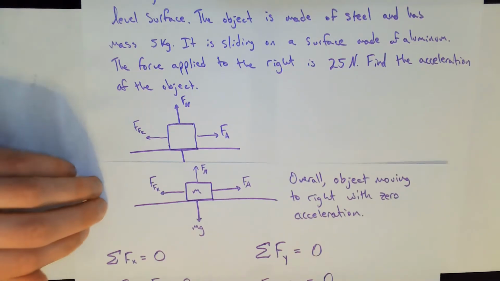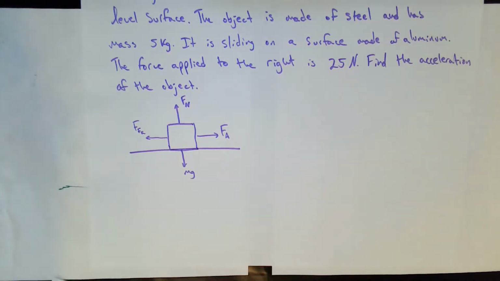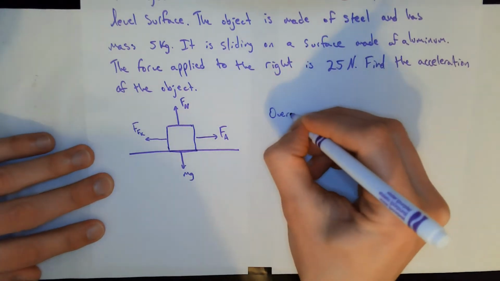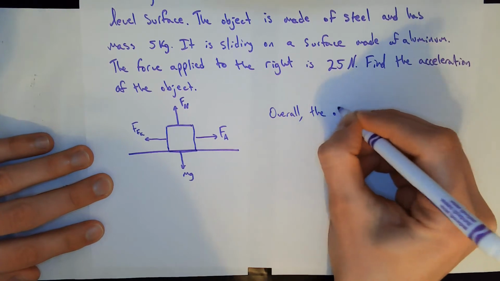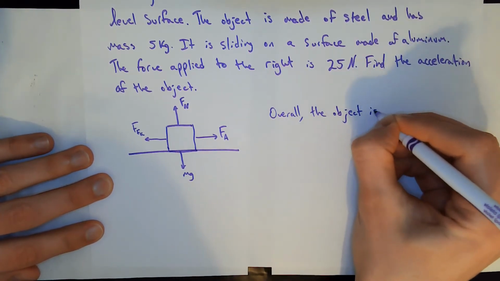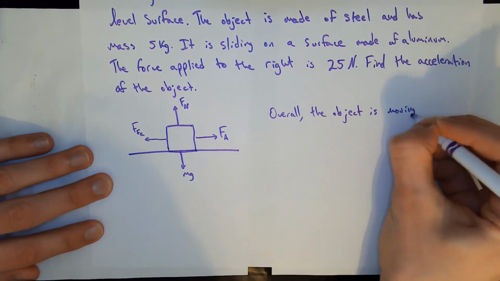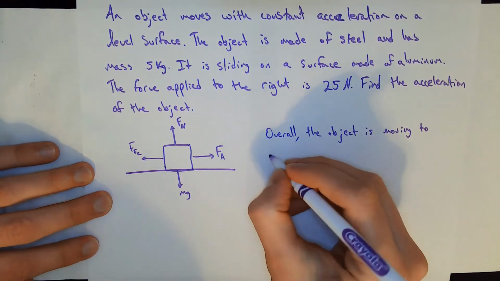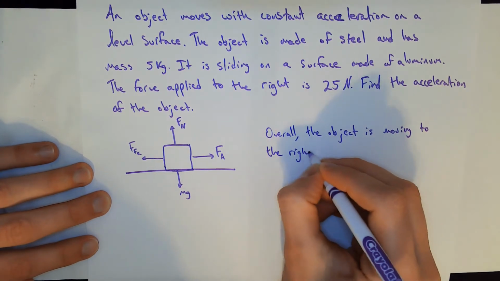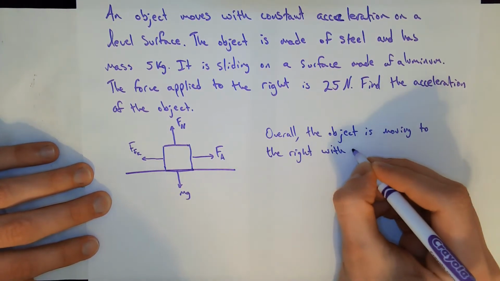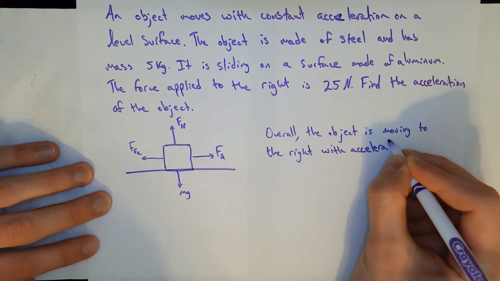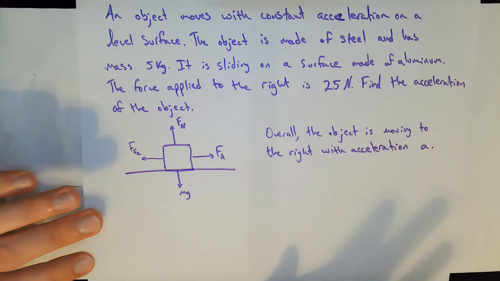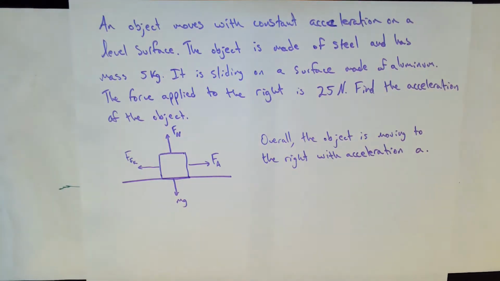But overall, the object is moving to the right with some acceleration. How do I know it's to the right? Well, the force is applied to the right. So it's moving to the right with acceleration A. I'll call it A. Not 0, right? Some non-zero number.